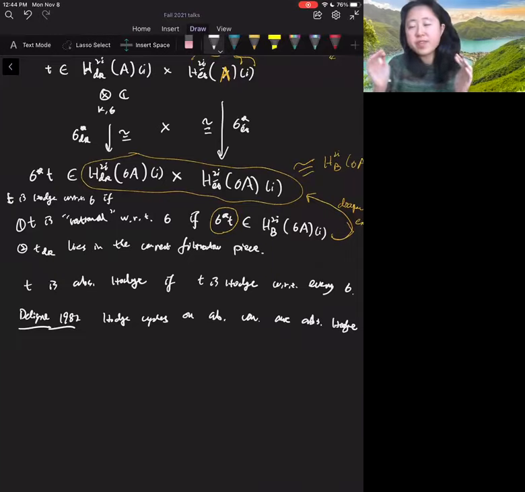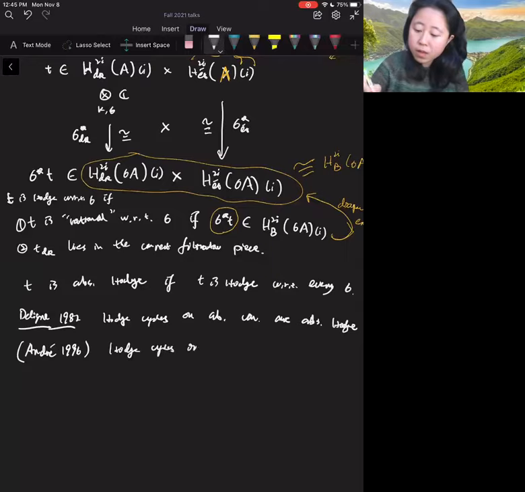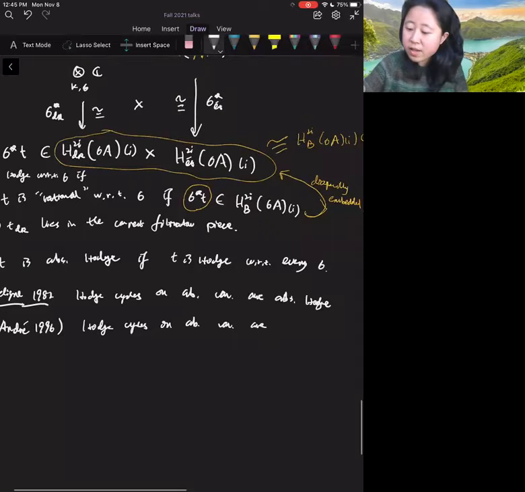And this is very important to laying out the foundations for Hodge cycles that live on a family of abelian varieties parameterized by your Hodge-type Shimura variety. And another remarkable result I want to mention is the result of Yves André in 1996, where he proved that Hodge cycles on abelian varieties are motivated cycles.